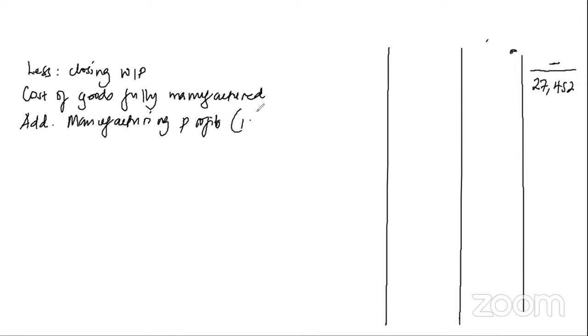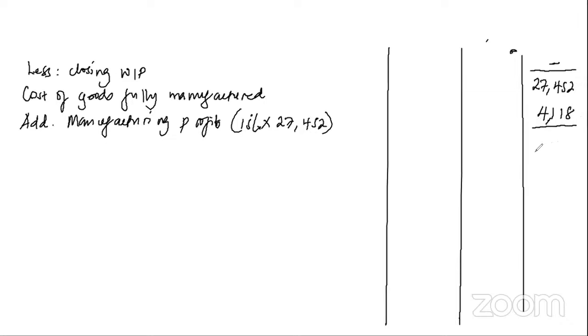It is 15% markup on the cost, the profit percentage on the cost of the goods produced. So 15% of 27,452 is 4,118.